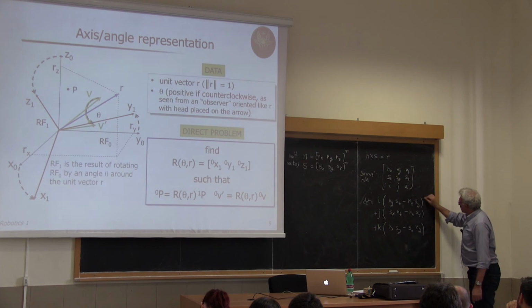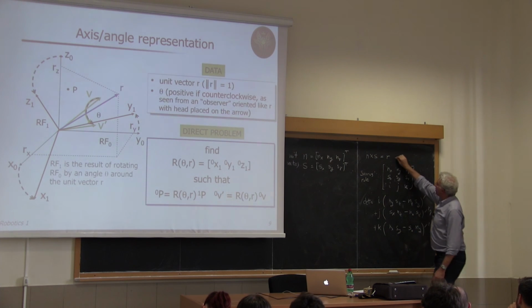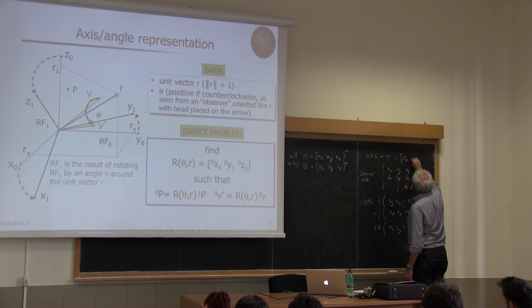And these are simply rx, ry, and rz of the vector r.